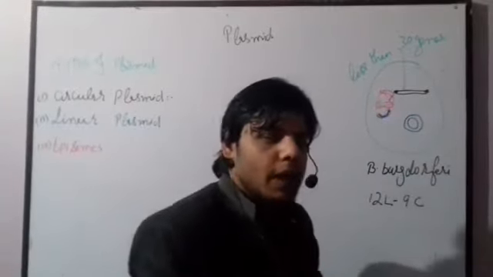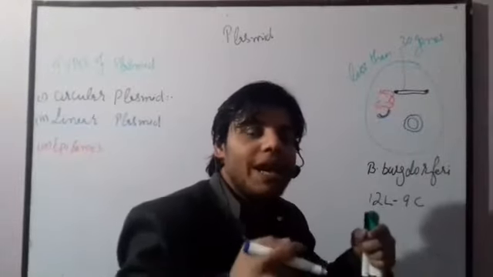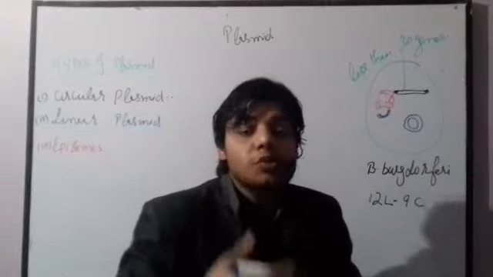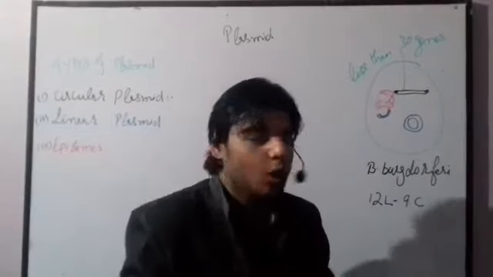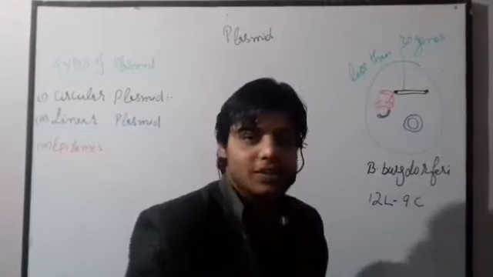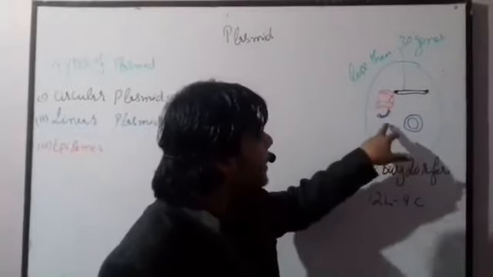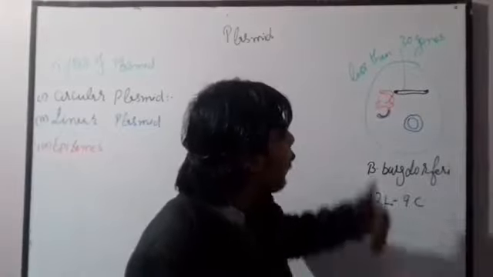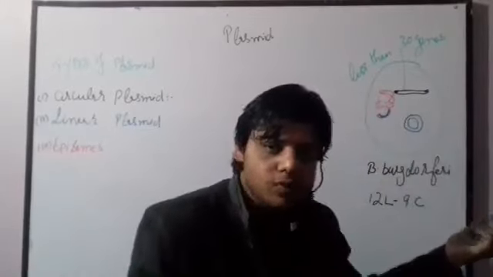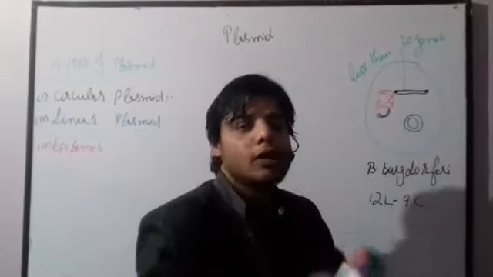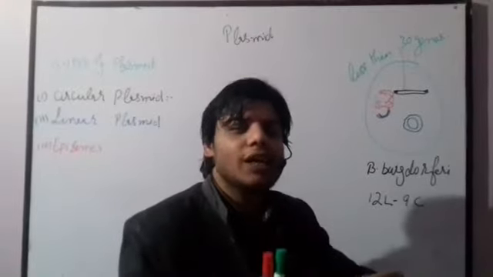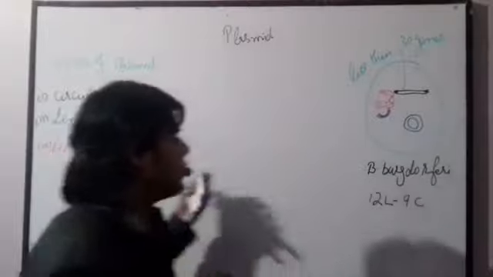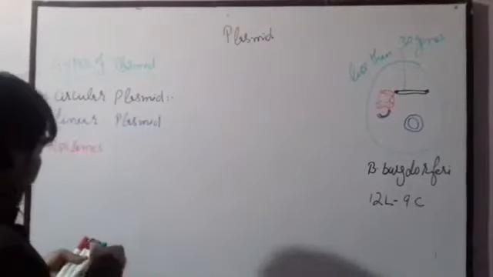It is also a plasmid, but it is integrated with the bacterial genome. So when the bacterial genome is replicated, the same plasmid will also be replicated. Why? Because it is integrated with the bacterial genome. This is called episomes.